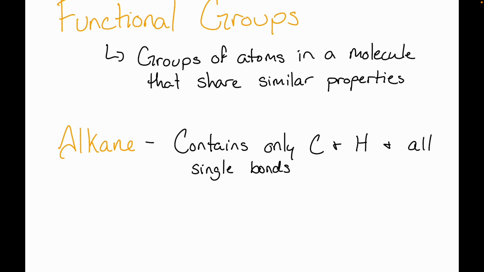So we've already been drawing a bunch of these. In lab, we've been using hexane as a solvent quite often. So that's the structure of hexane there. That would be an alkane: carbons and hydrogens, no other atoms, and all single bonds.